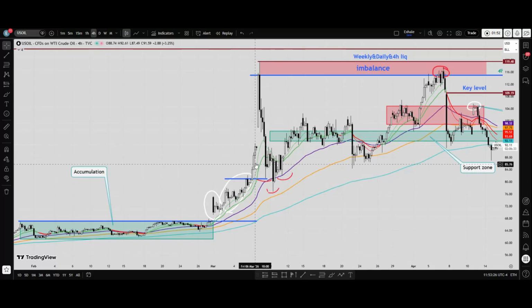Now, at this moment, oil broke out and tested this area. We have the weekly, daily and 4 hour liquidity area because this is the highest point where the price reached and it couldn't even close here. It dumped lower with a very bad candle. This candle is a momentum killer.